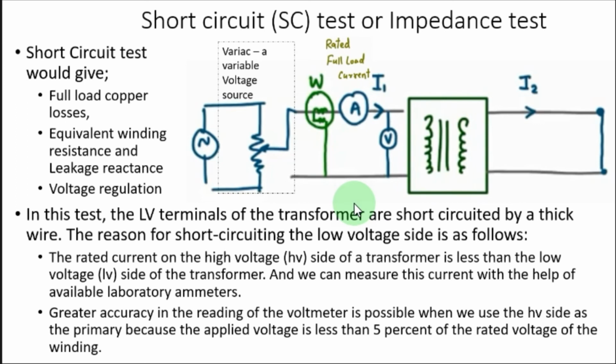In this test, the low voltage terminals of the transformer are short circuited. Remember, in the open circuit test, we open circuit the high voltage side. In the short circuit test, we short circuit the low voltage terminals. But remember, we have to use a thick wire because large current will be flowing.